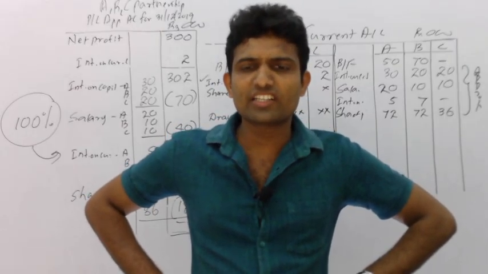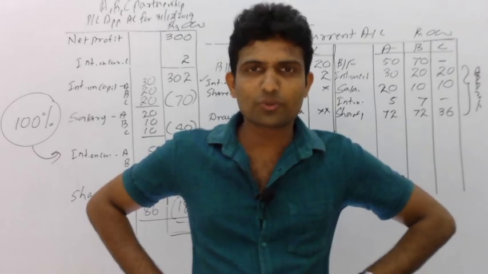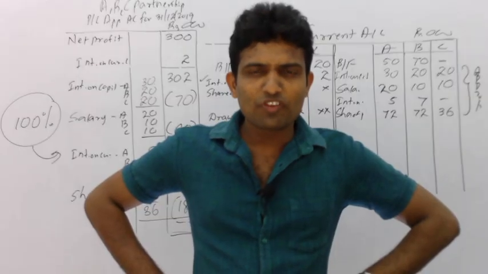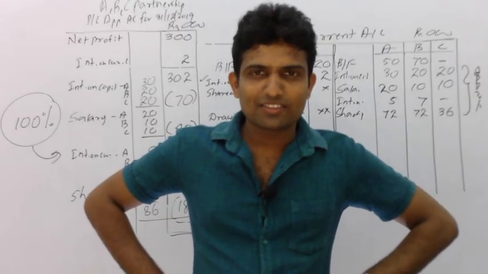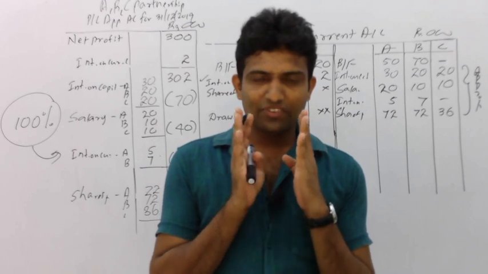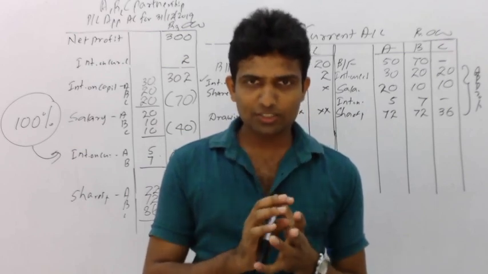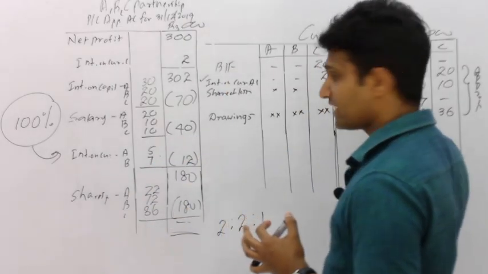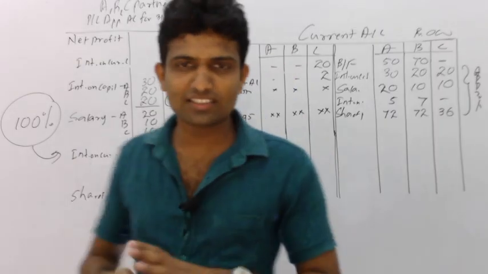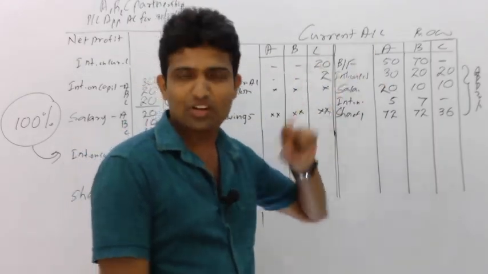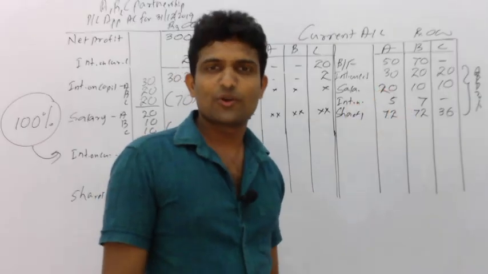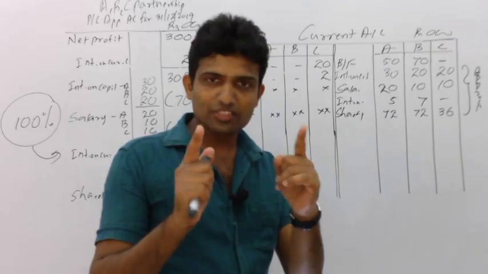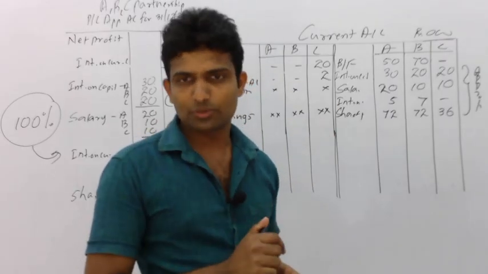We wanted to recruit a marketing manager. At the time we are going to recruit a marketing manager, partner A says, no, I have done all the marketing exams. Don't recruit anyone else as a marketing manager. I'll do the functions of the marketing manager of the partnership.